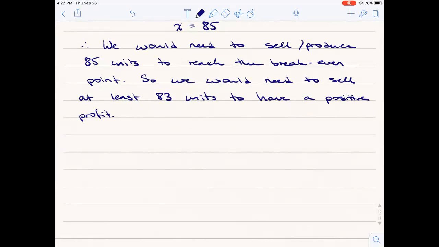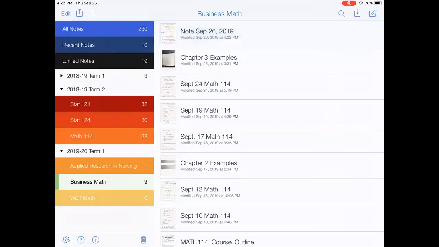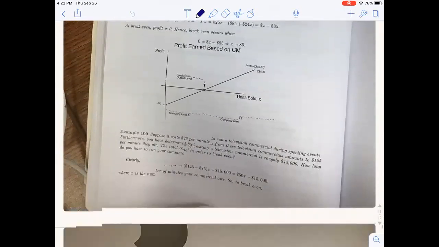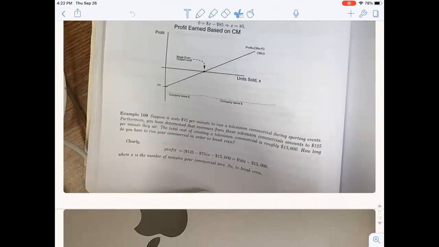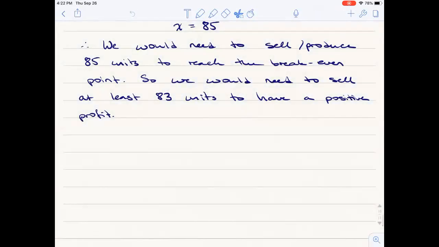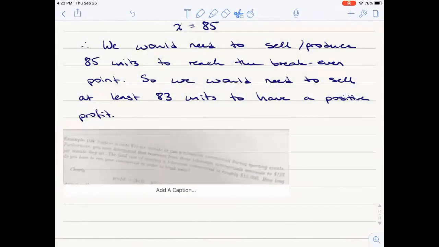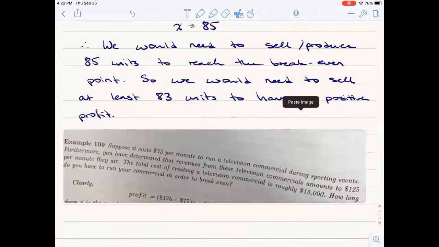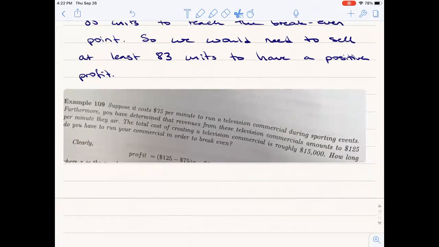How about another example? 109. Oh, it's really on the angle here. Whoa.